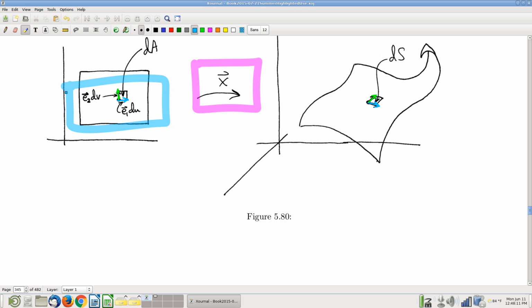That's in the direction of the vector E1. And this little piece of area, this being the u-axis, has width du. So the vector I'm looking for is a vector pointing in the direction of E1 and whose magnitude is du, therefore it's E1 du. And likewise, that's E2 dv. Okay, so those are our input vectors.